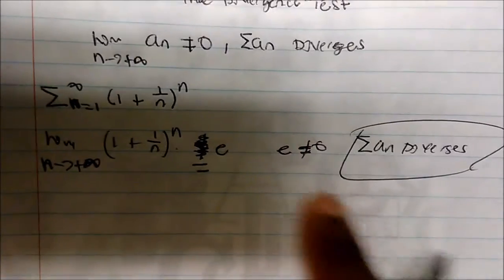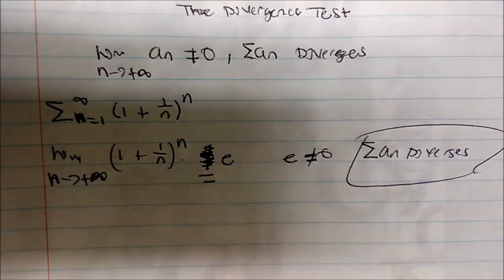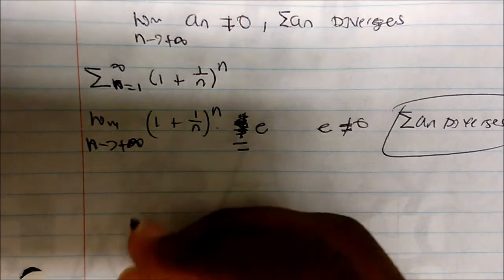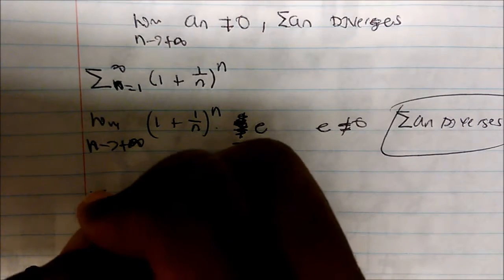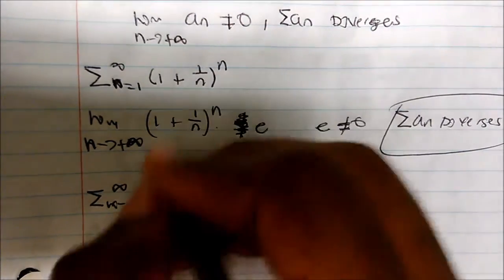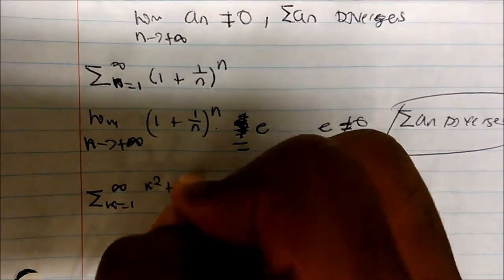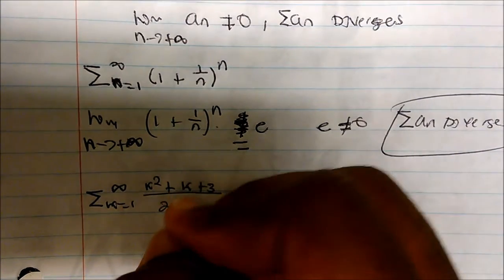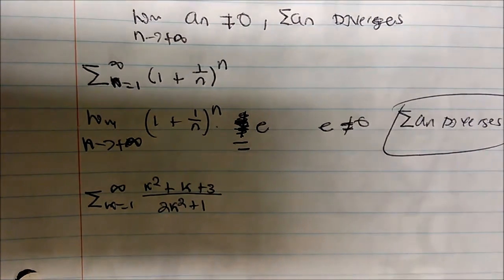So that's the general gist behind the divergence test. Now, how I usually know when to use the divergence test is if I see a polynomial on both the top and the bottom. Let's give you a classical example: the sum from k equals 1 to positive infinity of (k squared plus k plus 3) over (2k squared plus 1).